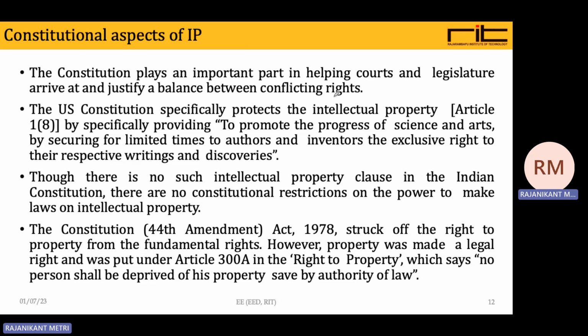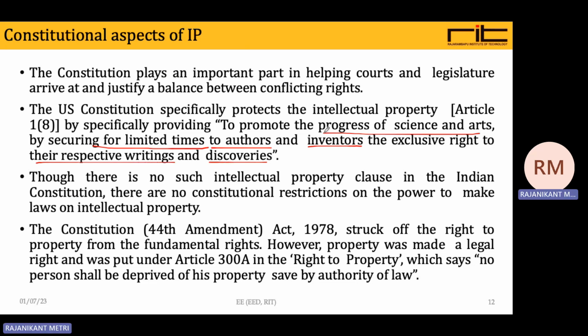The US Constitution specifically protects intellectual property, in Article 1(8), by specifically providing to promote the progress of science and arts by securing for limited times to authors and inventors the exclusive right to their respective writings and discoveries.